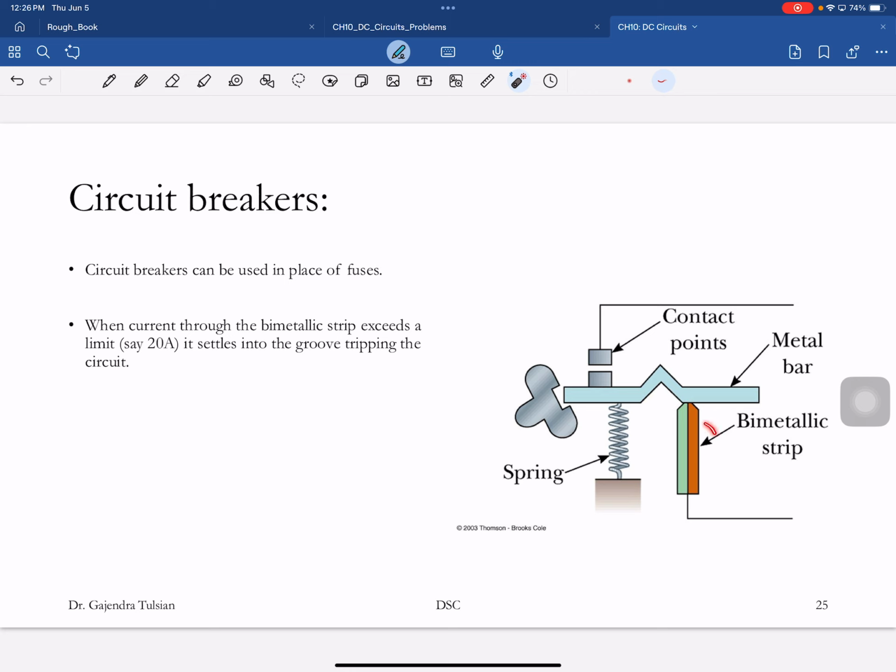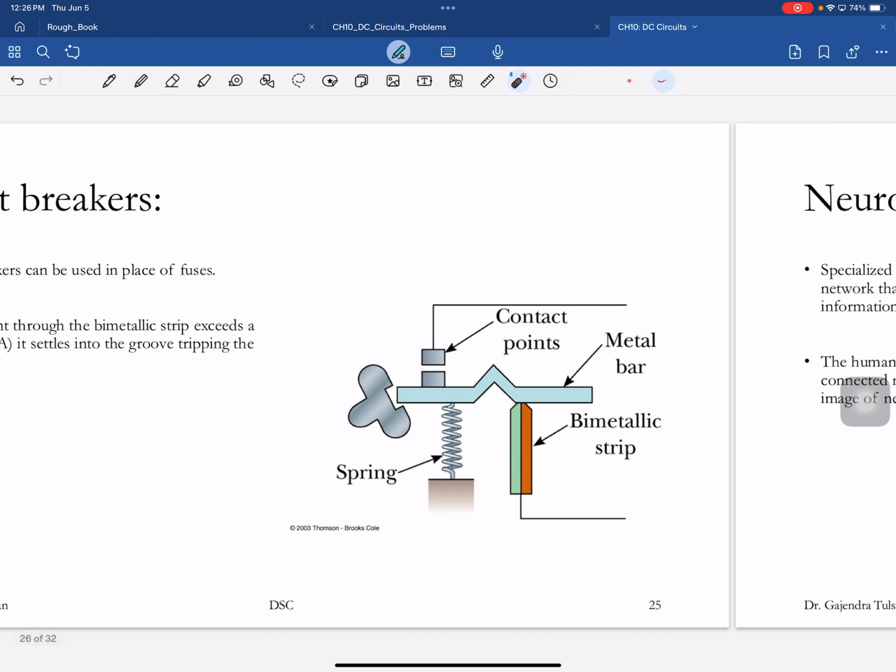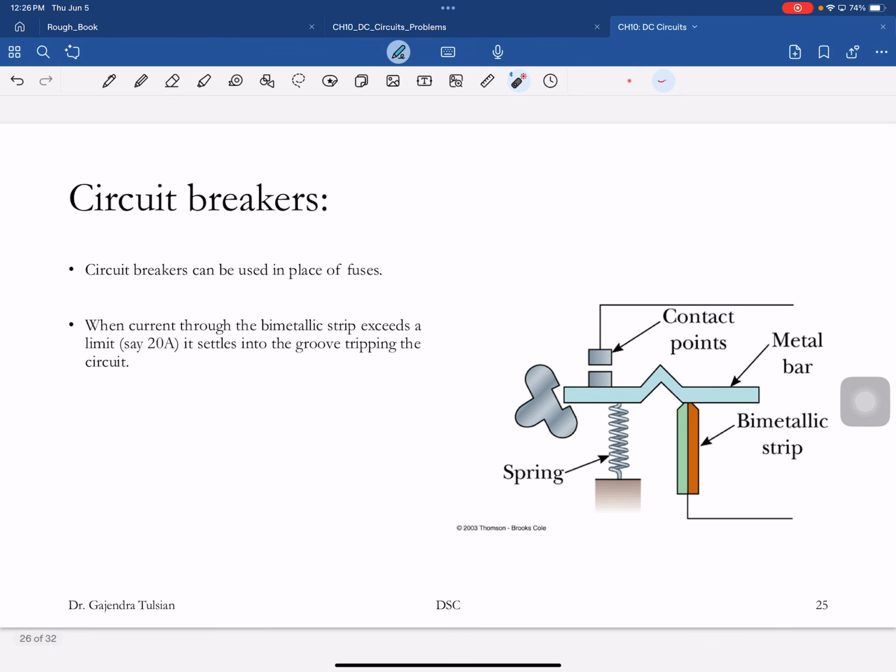And the advantage of this is it's easy to reset. You go to your garage and reset it. And the breaker part is put in series with whatever outlet it is, going to your device.